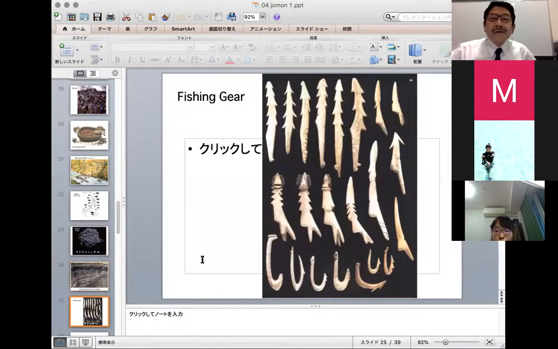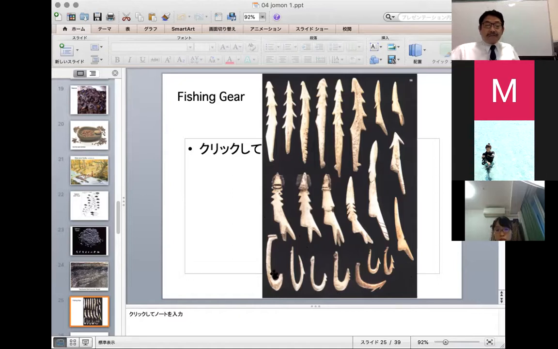And fishing gear, tackles, harpoons, various types of harpoons, fish hooks. They are all made of antler. I think I explained that at the experimental archaeology section. And antlers are very excellent material for ocean tackle. And I'll explain detail about these in a later lecture too. And fish hooks are very old.